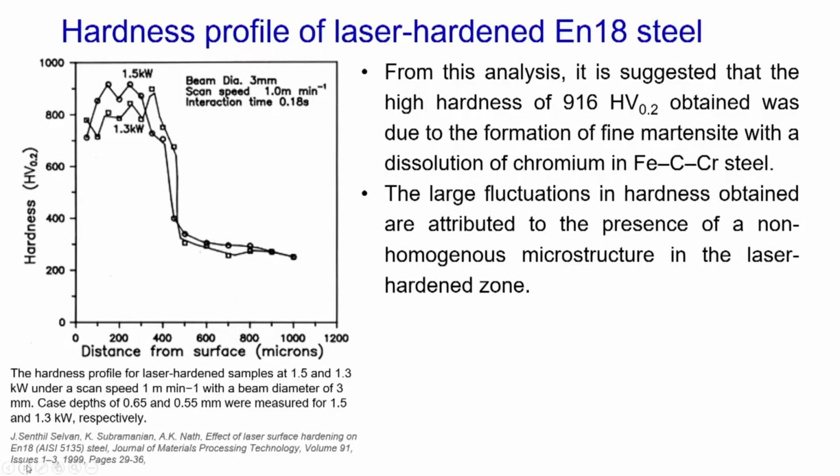From this analysis we can say that this experimental study has suggested that a high hardness of about 916 HV can be obtained, and this is due to the formation of fine martensite with a dissolution of chromium. So, chromium is also there in Fe-C-Cr steel, ferrous carbon chromium steel, and due to chromium as well we got a little high hardness during this operation.